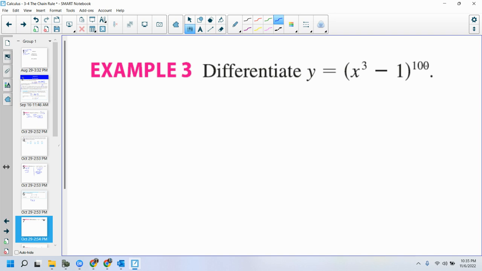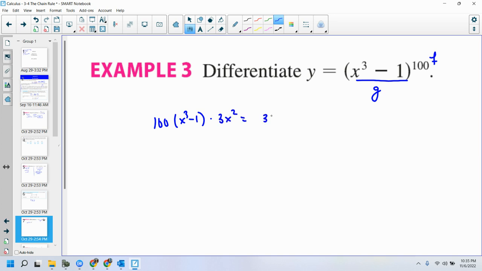All right, so what is my f in this case? My f is taking it to the 100th power, and my g is my x to the 3rd minus 1. So peel away the layer of the f, differentiating, x to the 3rd minus 1 times the derivative of g, which is just 3x squared.